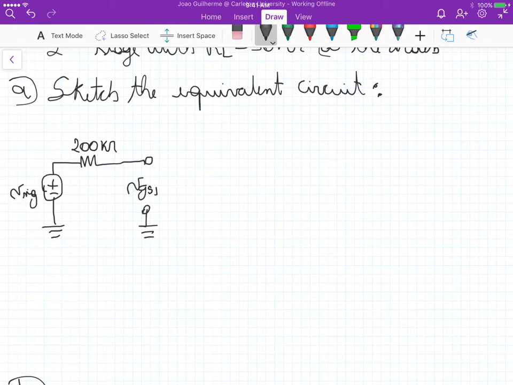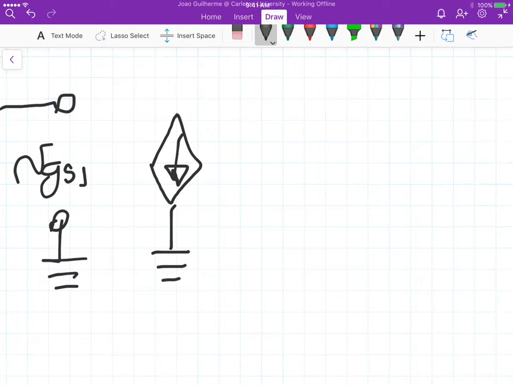This VGS1 is used by this current source here to define the drain current. So the value of this current here is GM times VGS1.